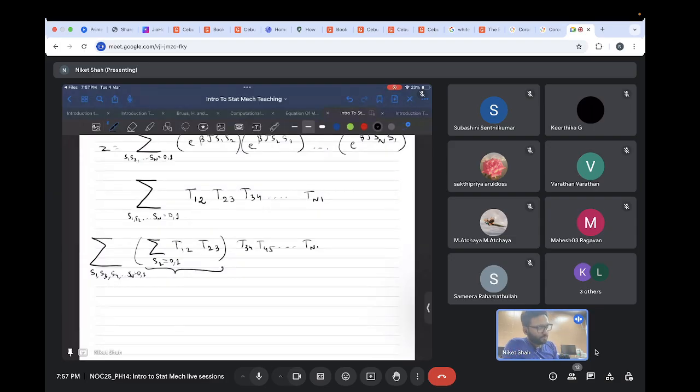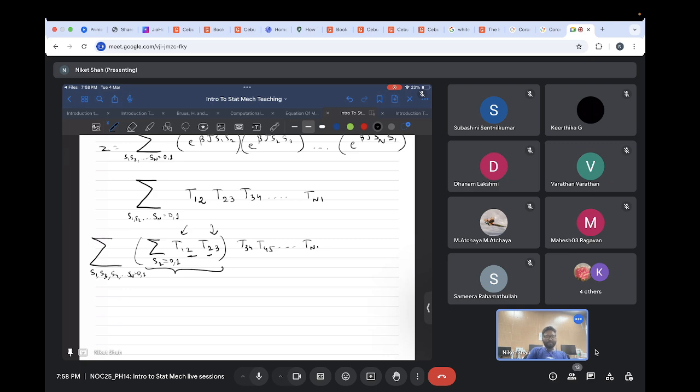What does this indicate? T12 is a matrix element consisting of the spins at site 1 and site 2. T23 is an element of the matrix which contains spins of sites 2 and 3. And now the middle index is being summed over.